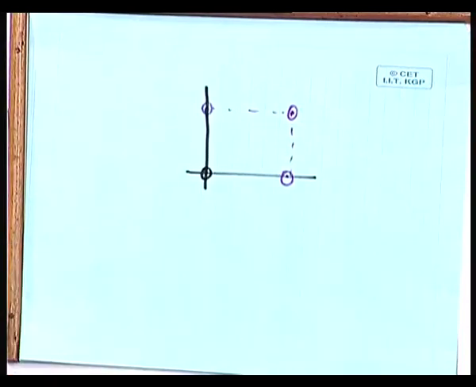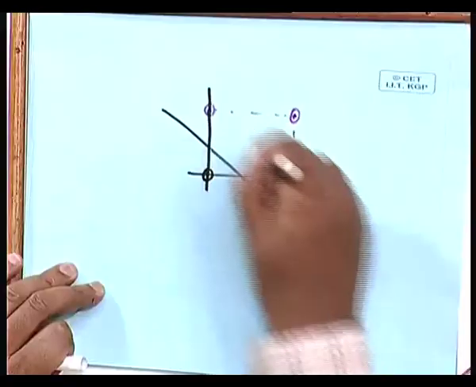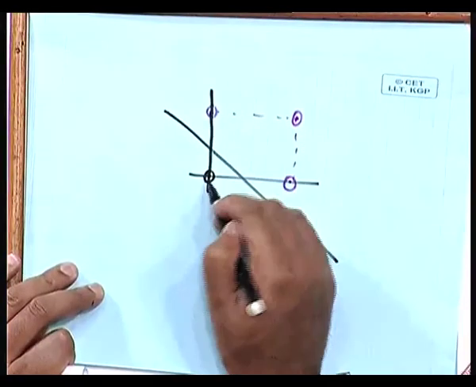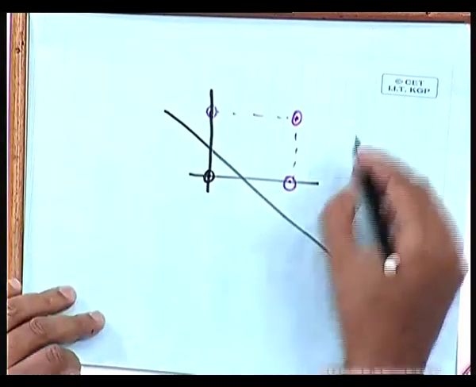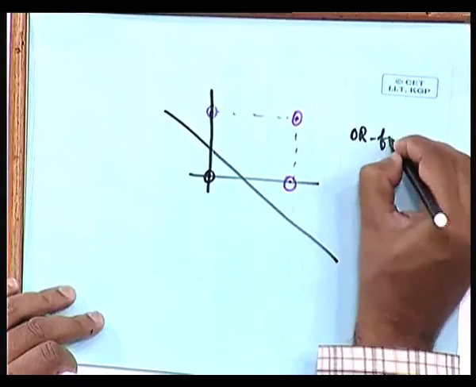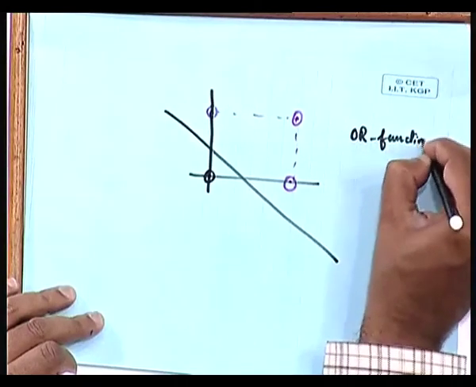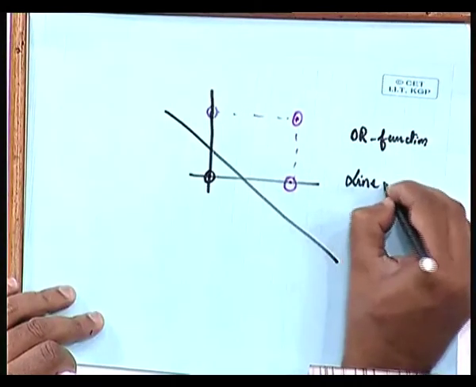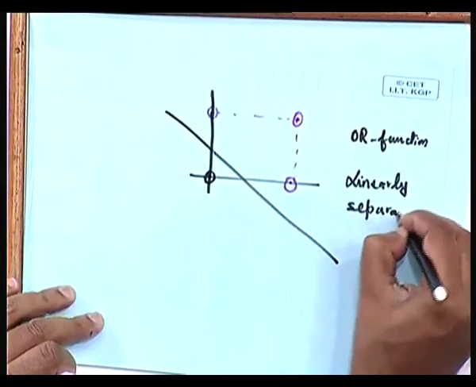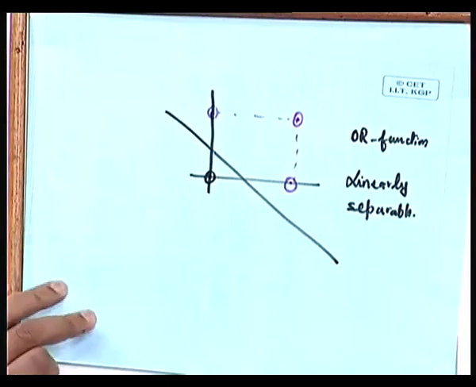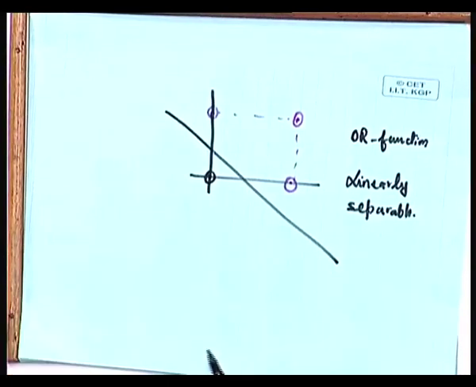In this case, is the problem linearly separable? Very clearly yes. We can find a line that distinguishes the 0 patterns from the 1 patterns. So, this is the OR function, and this is linearly separable, and we can solve this very easily using a 2 input perceptron.